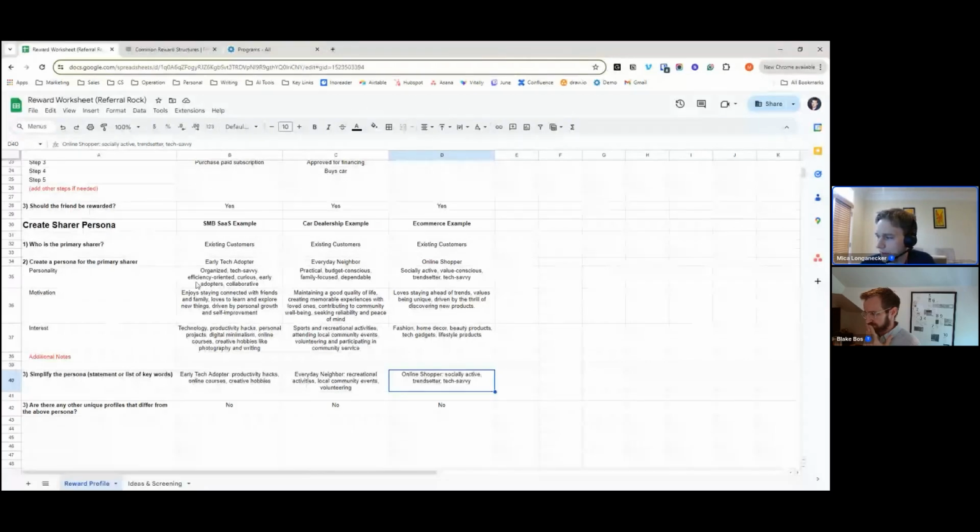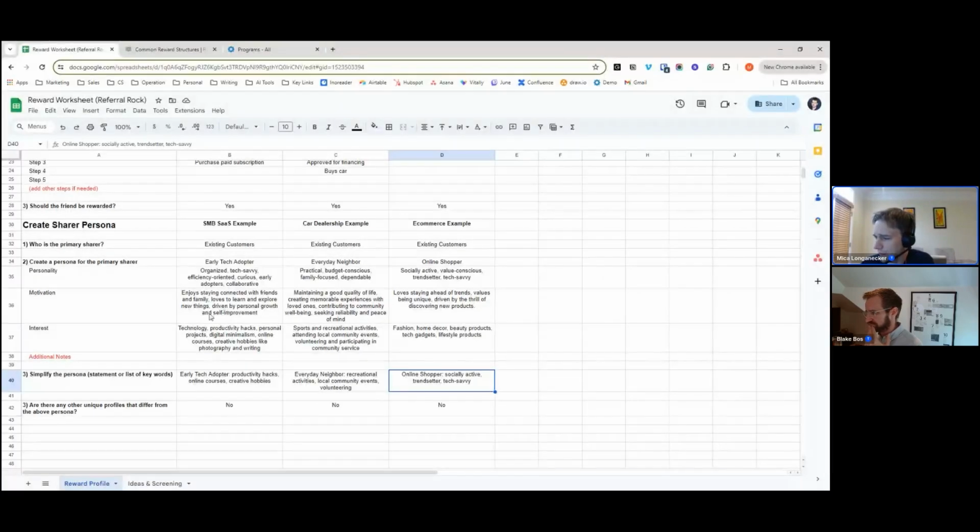I actually used ChatGPT to come up with these for these examples, but I think you'll know your audience best. It doesn't have to be comprehensive. Again, the goal here is just to frame it so that when you're coming up with rewards, you can understand how you might want to come up with those reward ideas. And let's see.